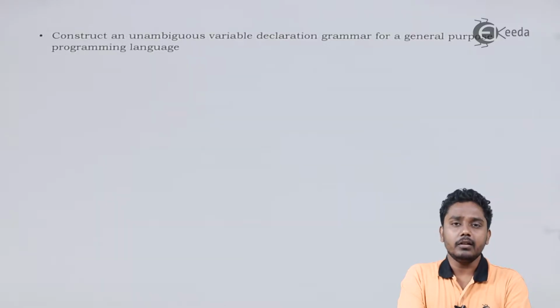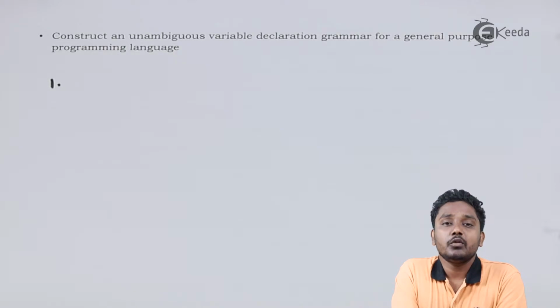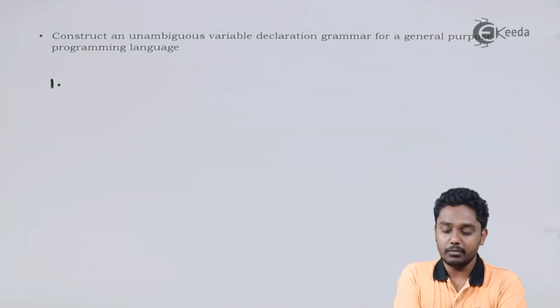Before writing the grammar, let us have a few assumptions. In a general purpose programming language, we will have a lot of data types. We are restricting our data types to keep the grammar simple. Let us say the data types that we are allowing are integer, double and float.